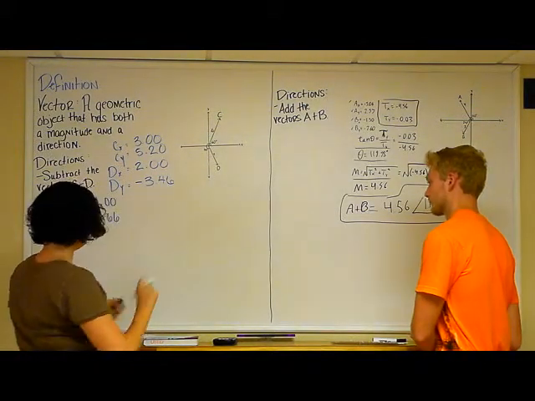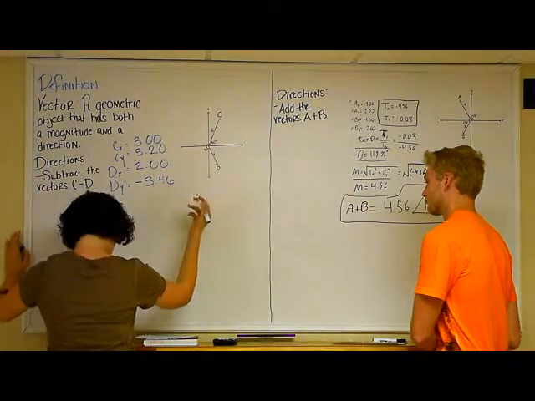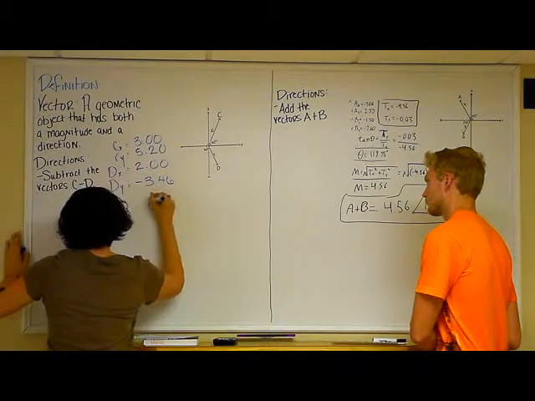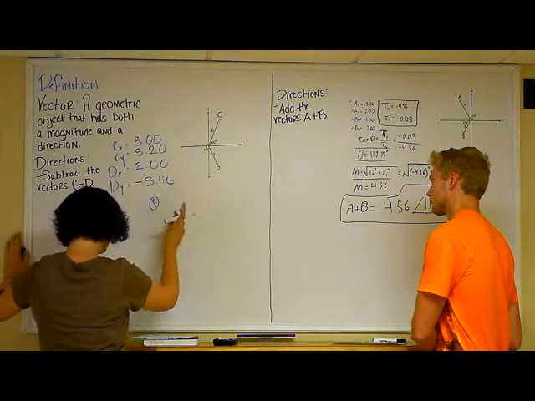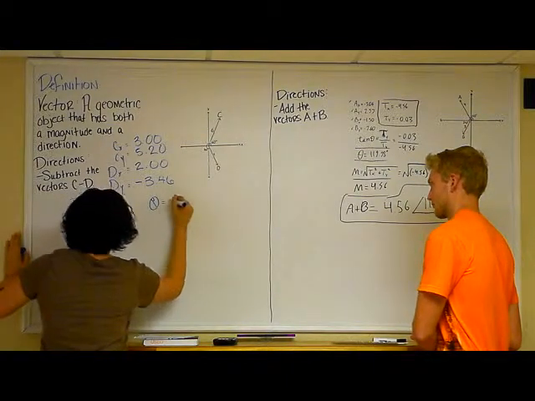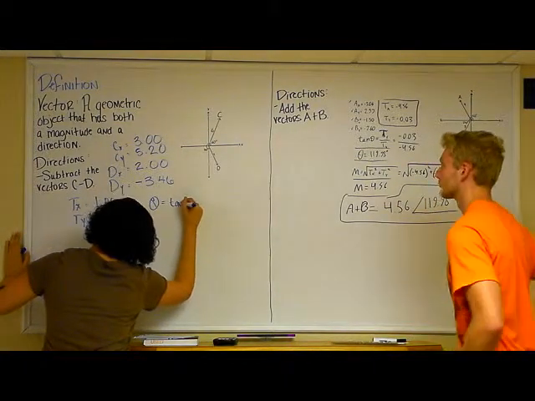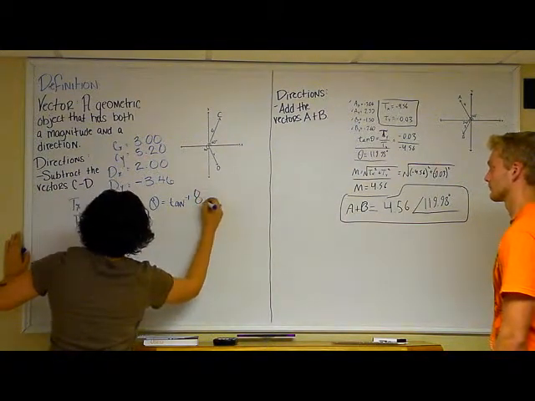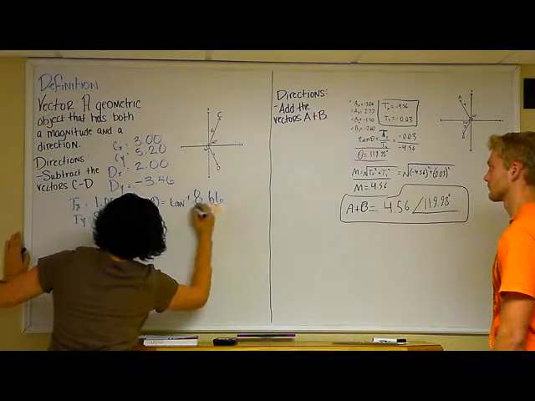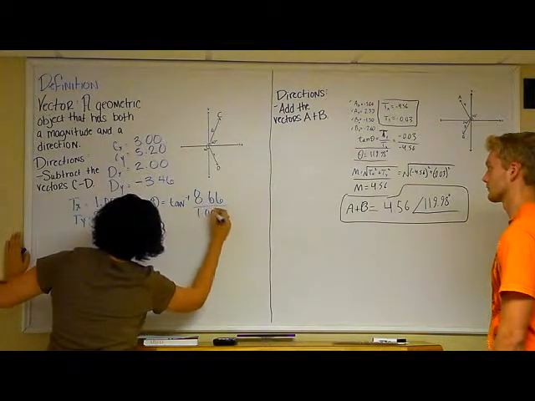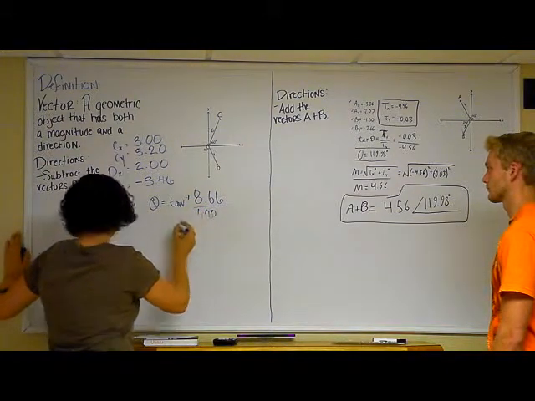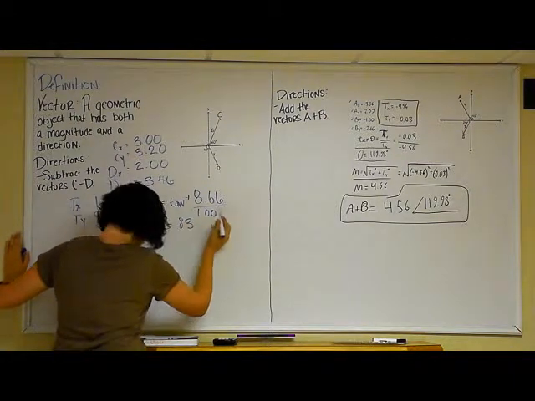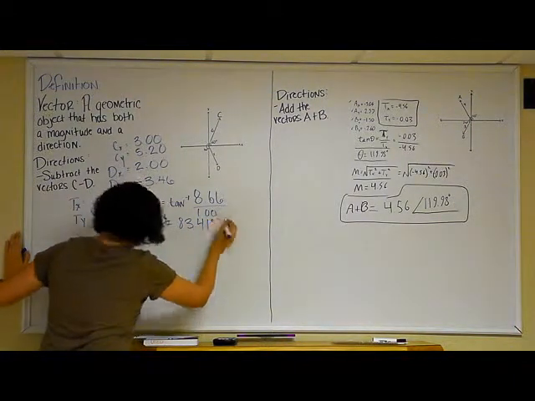To find theta, theta is equal to the inverse tangent of 8.66 over 1.00, which is equal to 83.41 degrees.